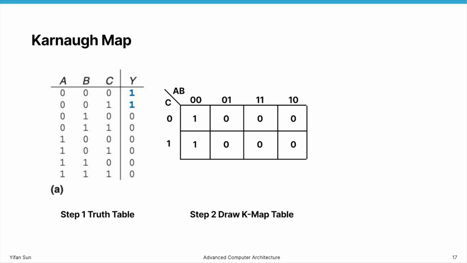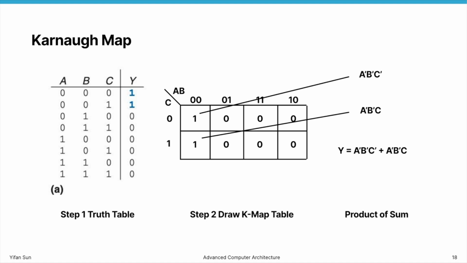Now we can simply write it as A prime, B prime, C prime plus A prime, B prime, C. And there are only 2 ones. And this is from the last slide.